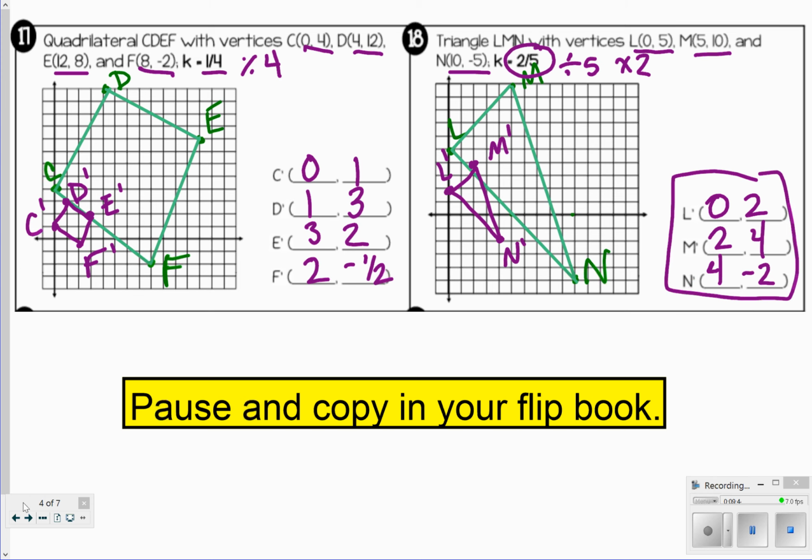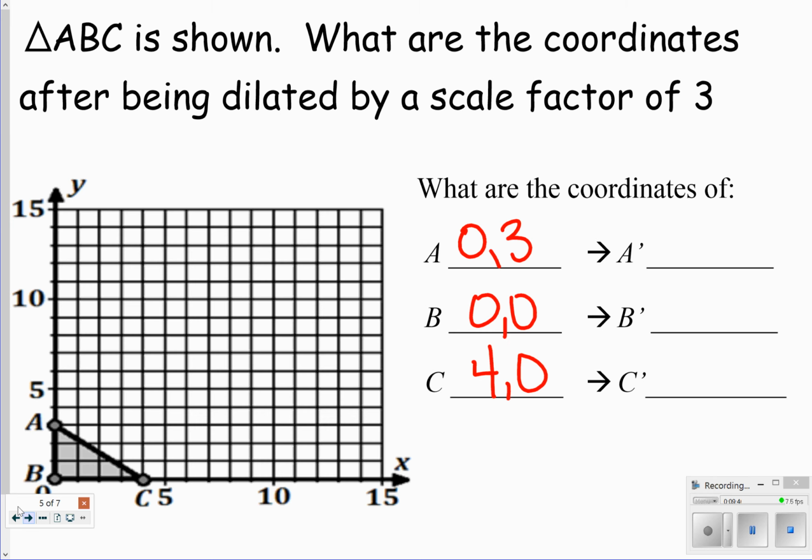All right, let's do a few more practice problems. Triangle ABC is shown below. What are the coordinates after the pre-image has been dilated by a scale factor of 3? Since 3 is larger than 1, we are going to multiply everything times 3. So if A was (0, 3), A prime is going to be (0, 9).